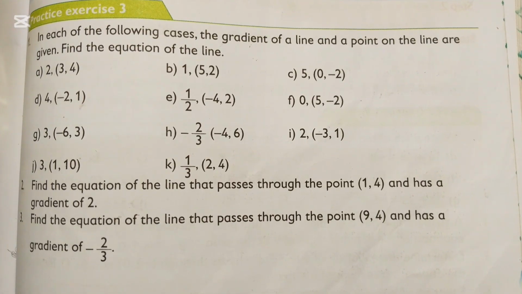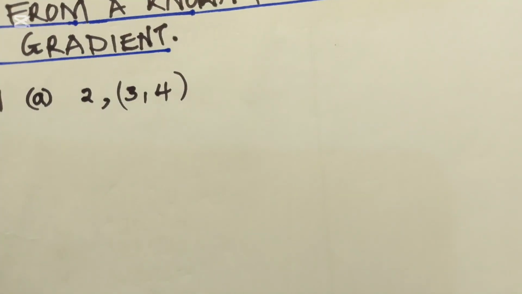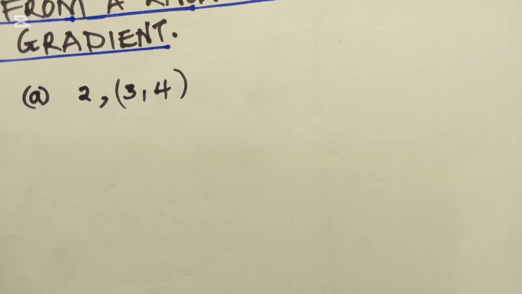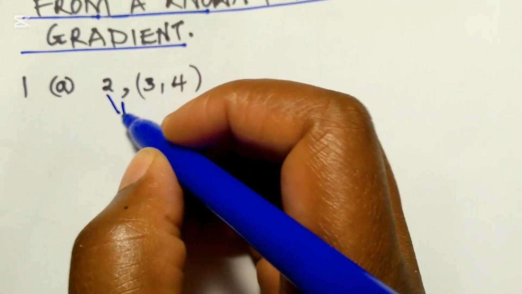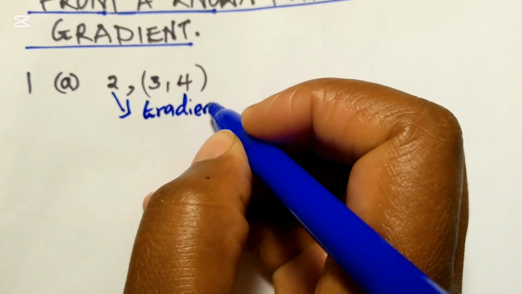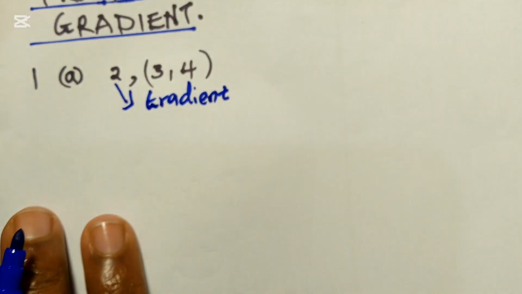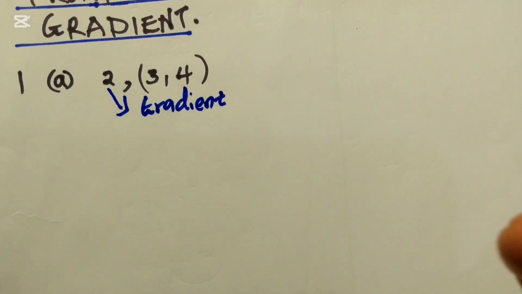So let us solve part A of this question. This is the form of the question. 2 is the gradient, and we have a known point, which is 3, 4.